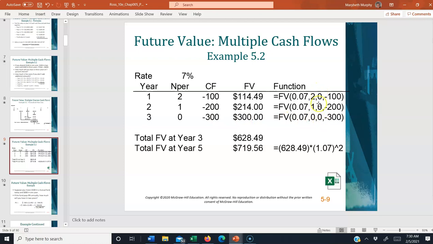The next value should be present value, but since we're using... I'm trying to remember what it is. But 0, and then we're going to put minus and then the present value. Okay, and it should come up with very close to the same numbers. They might be slightly different by pennies, but they should be very, very close.